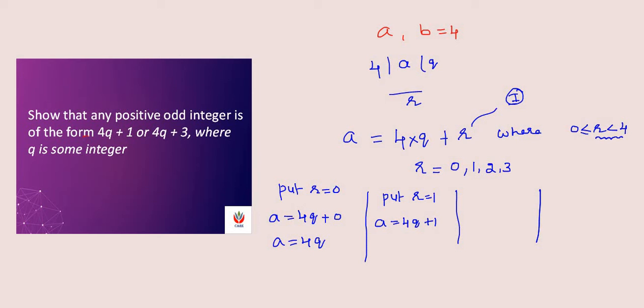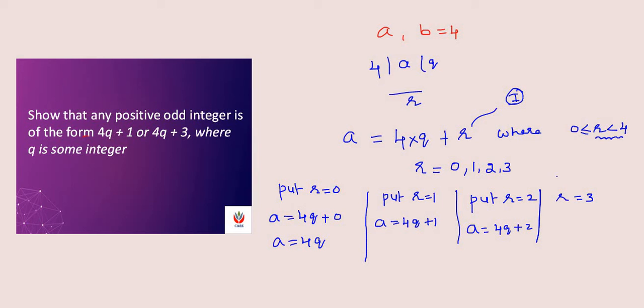We cannot further simplify this, leave it. Similarly, put r is equal to 2, so a is equal to 4q plus 2. And lastly, r is equal to 3.